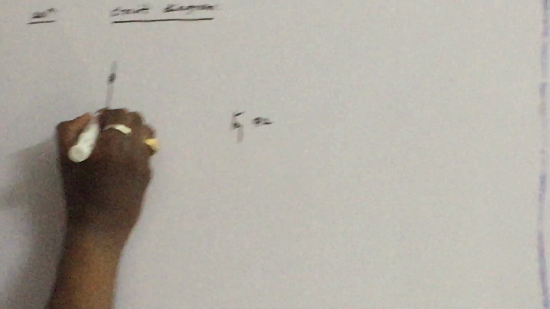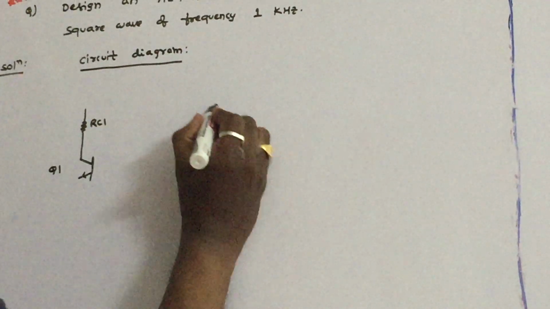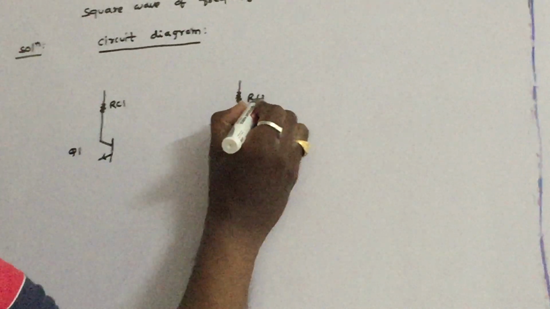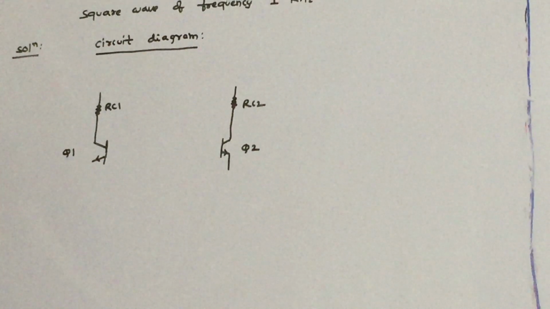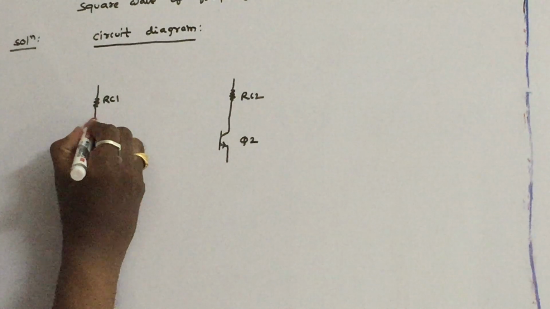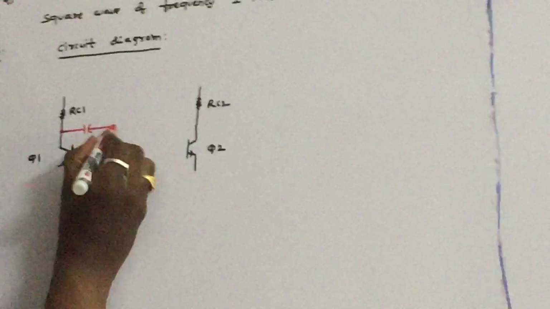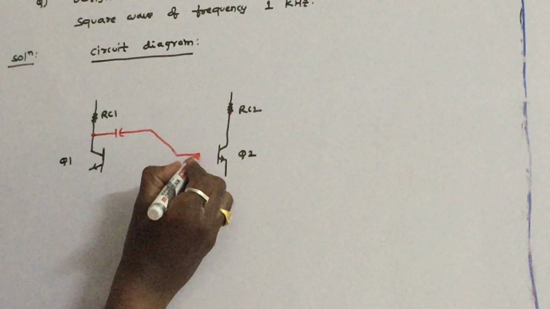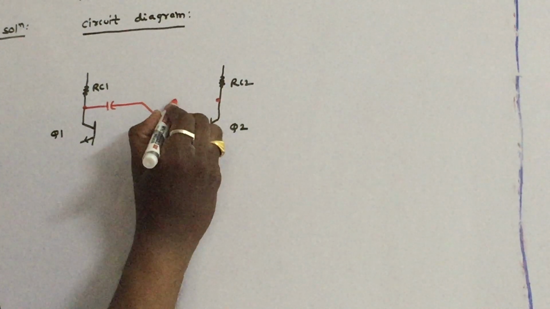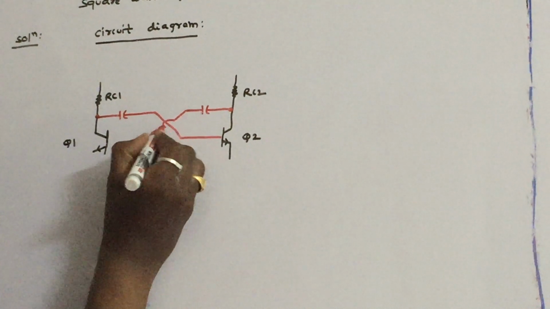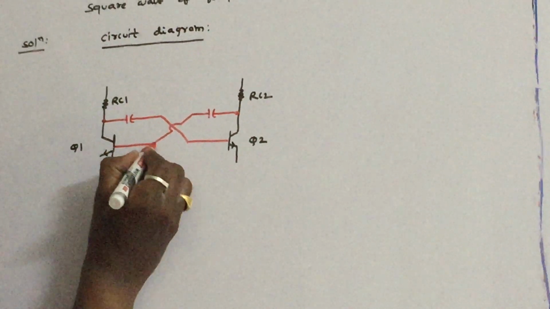Let us say the collector resistors are RC1 and the collector resistor of this transistor is RC2. Just connect the collector output of one transistor to the base of the other transistor. Similarly, the collector output of Q2 to the base of transistor Q1.